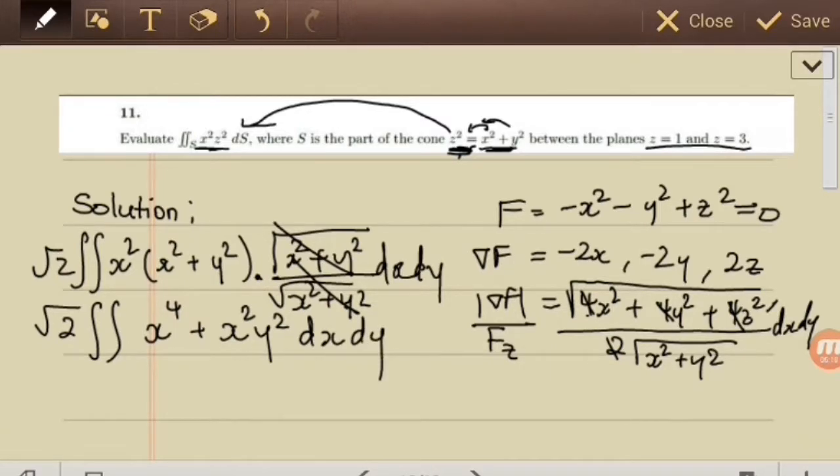That's fine. So now let's think about how we're going to take out the limits of integration here. It's between these planes.